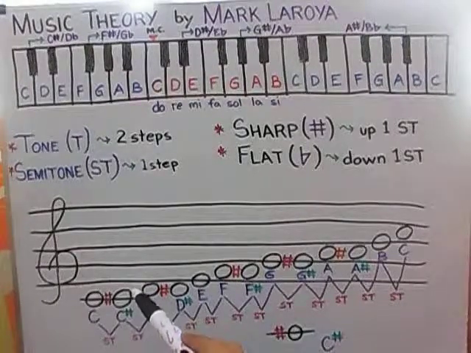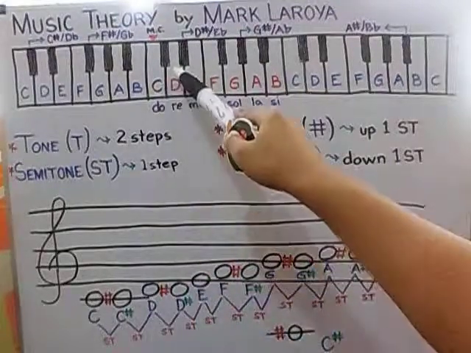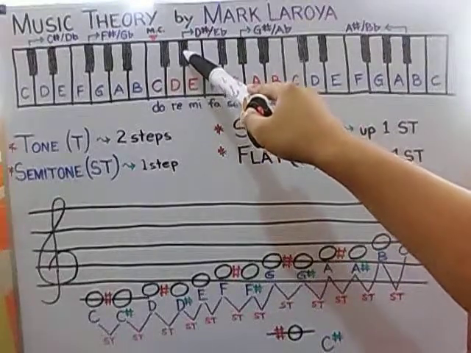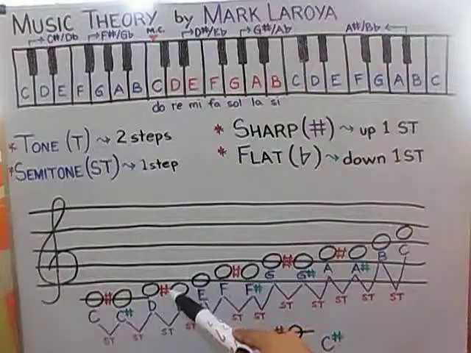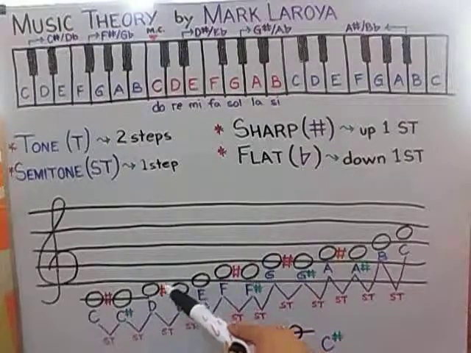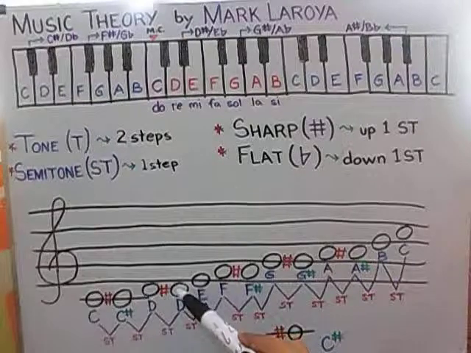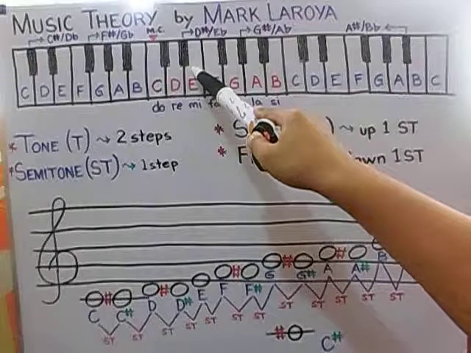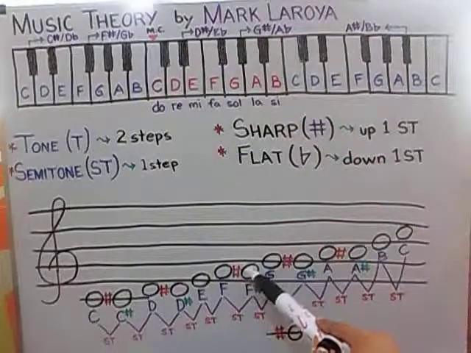Then, let's go to D. This is the natural D. Since D here, if we move one semitone up, this is D sharp. So, D, and then before this note is a hash symbol or a sharp symbol. Same goes for F. Since E has no sharp, let's move on to F. F, and then F sharp.